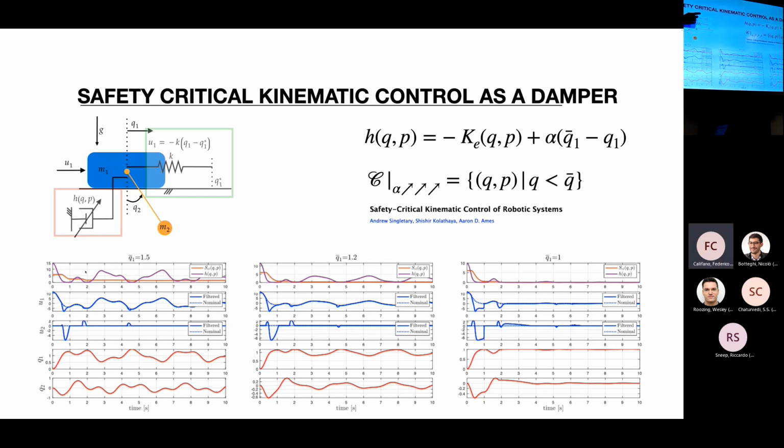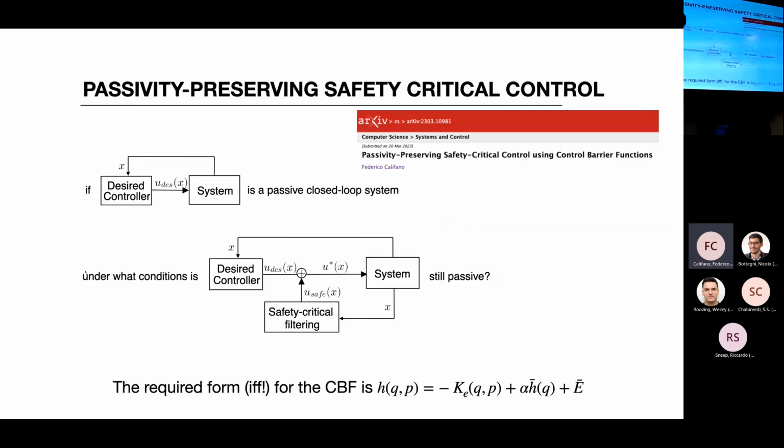Yeah, last comment. Notice something which is, in my opinion, cool: the fact that all these classes of CBFs keep passivity of the underlying system, if the underlying system is passive, means that you can integrate any control scheme which is implemented in a passive way.